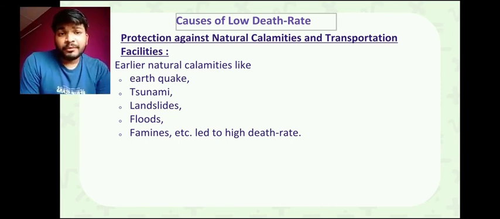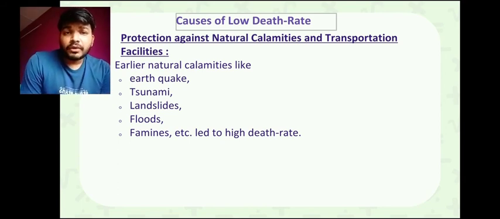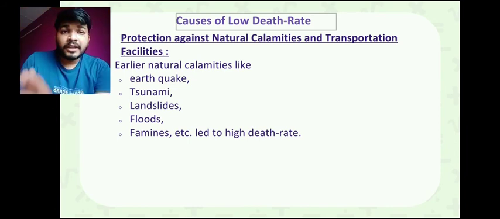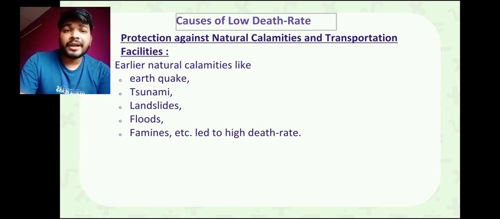So here, due to advances in technology, we can control at present, or we can exactly know what is going to happen in the next few days, or what will be the climatic condition in the next few days. So this will help us to take safety measures or precautions regarding these major natural calamities like earthquake, tsunami, landslide, cyclone also you can add here.